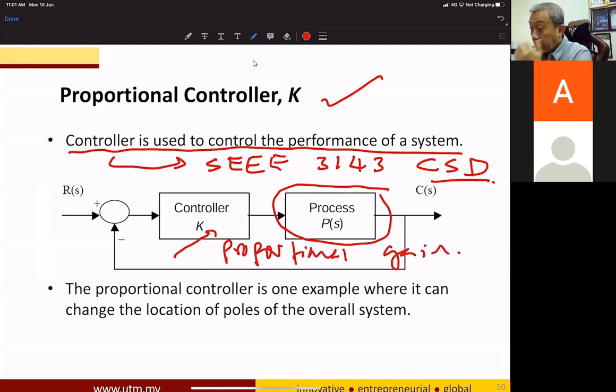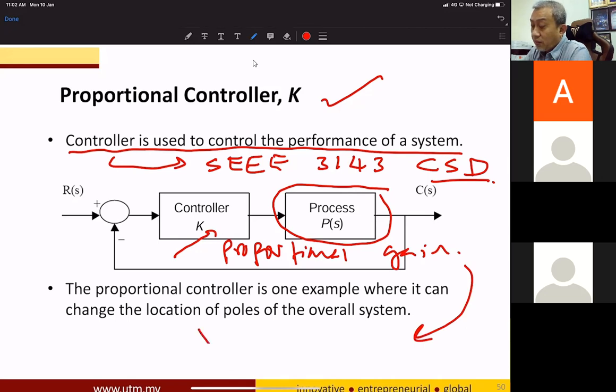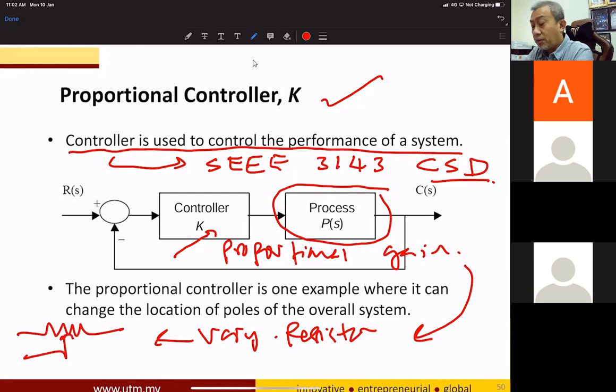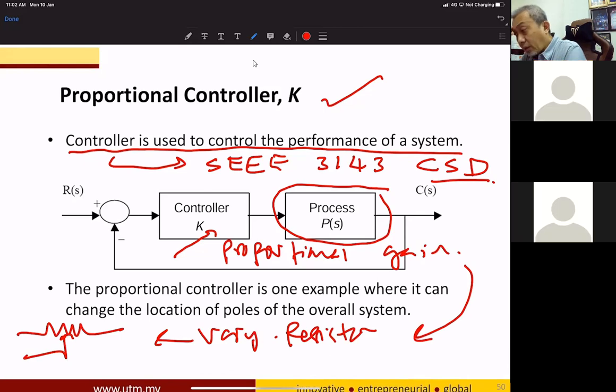This is what you practice in the laboratory, 3722, where you have to adjust the gain so that the system becomes stable. In reality, proportional gain is a variable resistor, which you can vary the value of the resistance accordingly to achieve the targeted gain value.